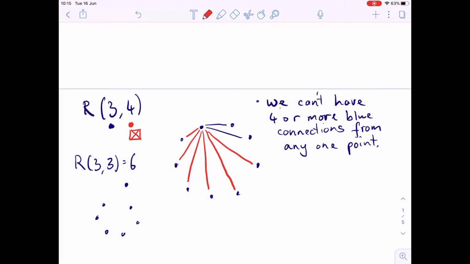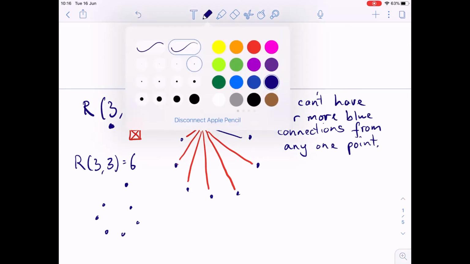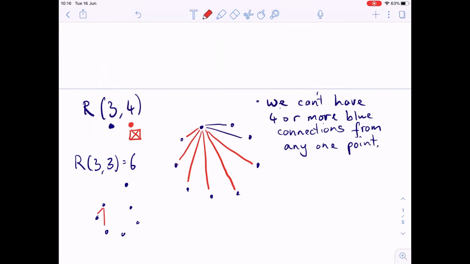Now because the Ramsey number for 3 is 6, this means that within this 6, we either have a blue triangle, and if we have a blue triangle, then I've already satisfied my first condition, an R of 3, or we have a red triangle. Something like this.